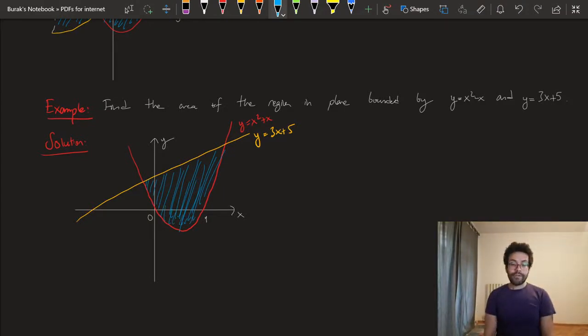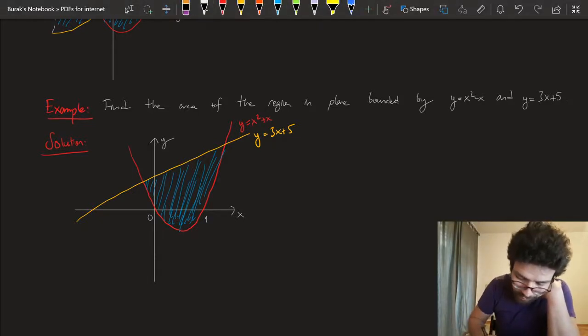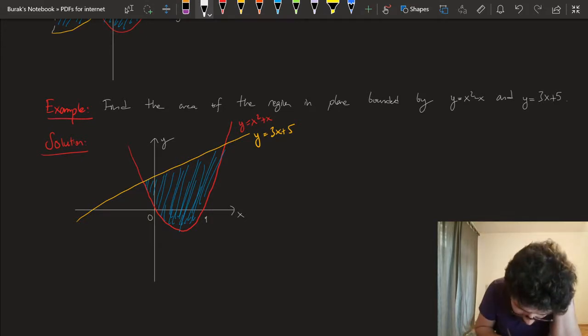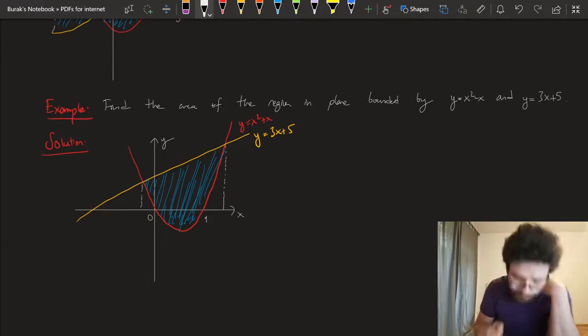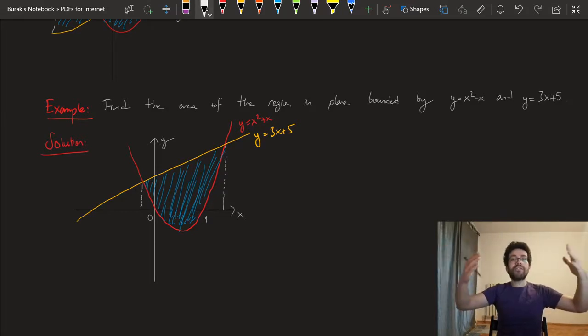So how do I find the area of this region? Okay, I need to first find these points, because at the end what's going to happen is I'm going to see this region as region between graphs of two functions over some interval, and then when I try to find this area I need to take a definite integral, but then I will need that interval.